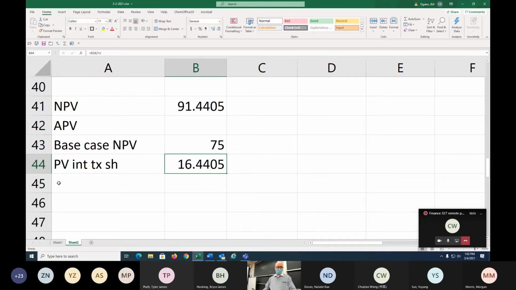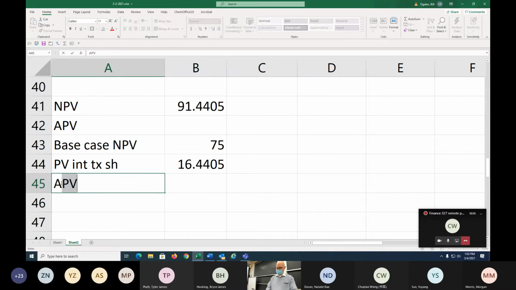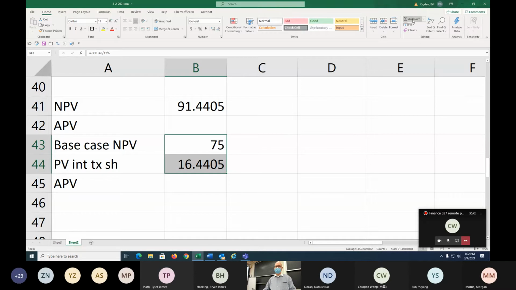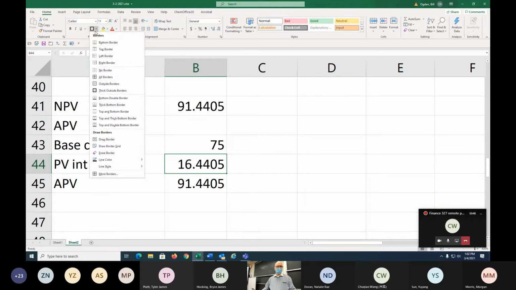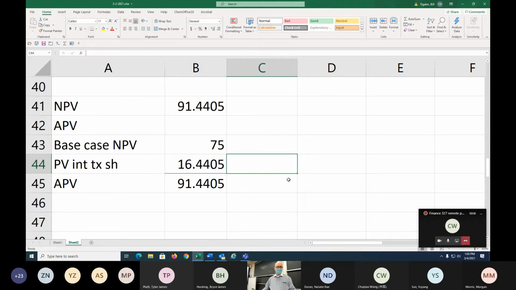Okay, and I add these together and I arrive at the APV. There we go. What's left?